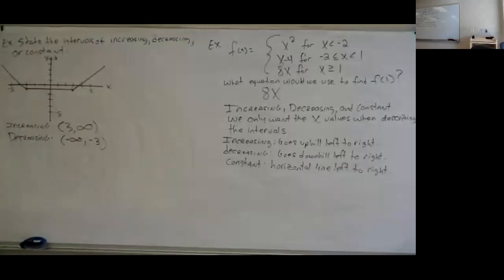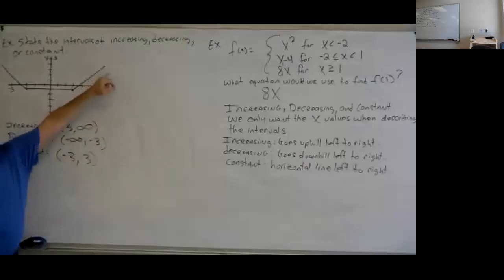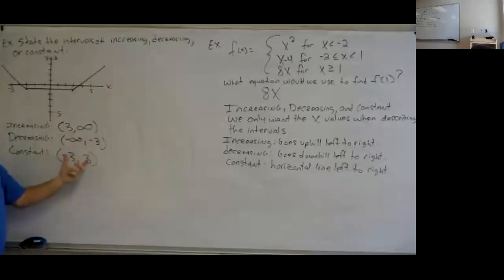So the last one, constant. Where do I start being constant at? -3. And I put being constant at +3. So look at these intervals. You go from negative infinity to -3 downhill. From -3 to +3, I'm constant. And then from +3 to infinity, I'm uphill. So this answer has to include it all, right?